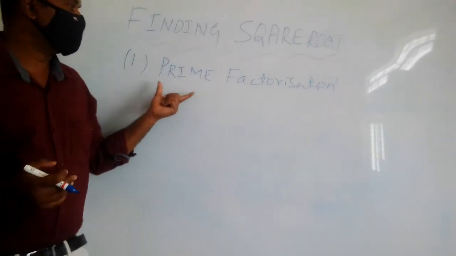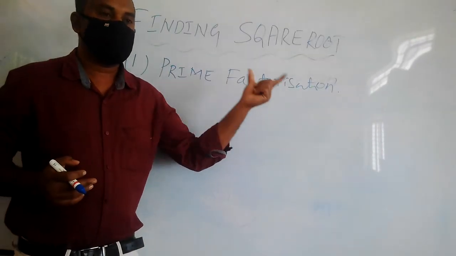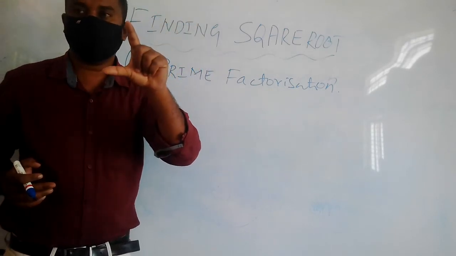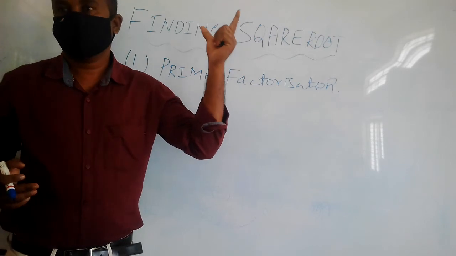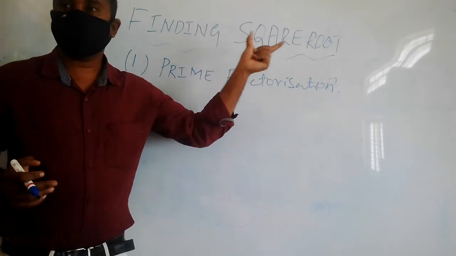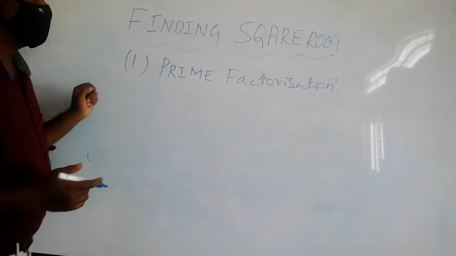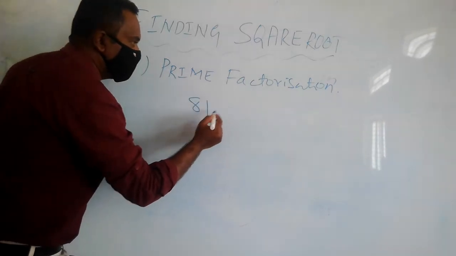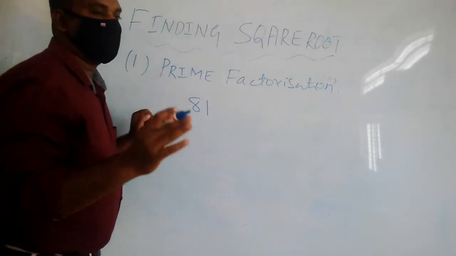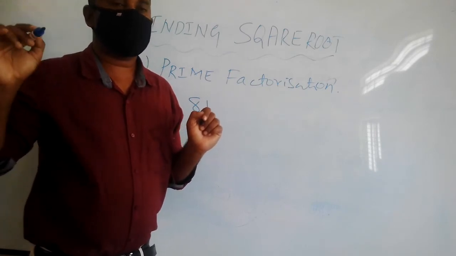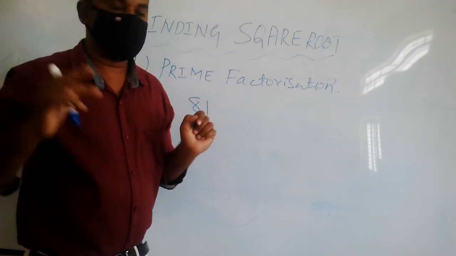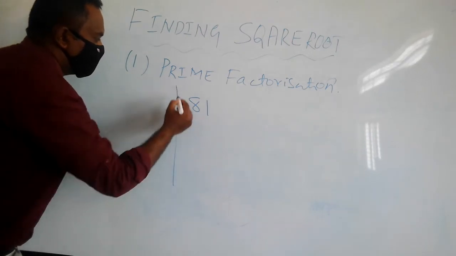Okay, next method is prime factorization. Once again I will take the same number 81 here and follow the same procedure to find the square root. The prime numbers are 1, 2, 3, 5, 7, 11. The numbers which I am going to use as factors.